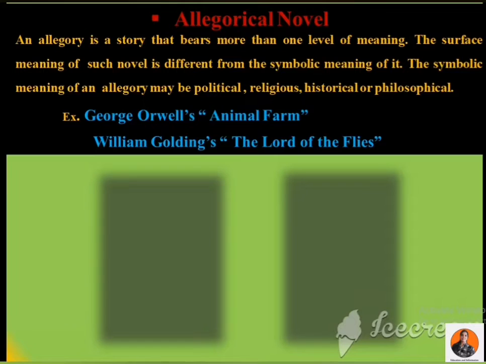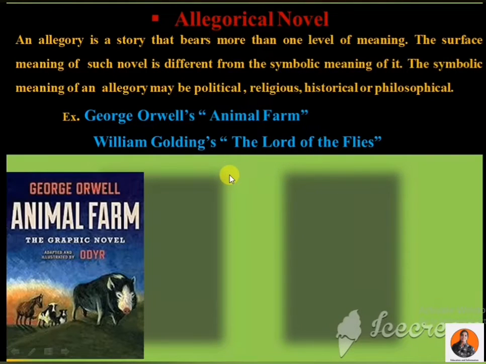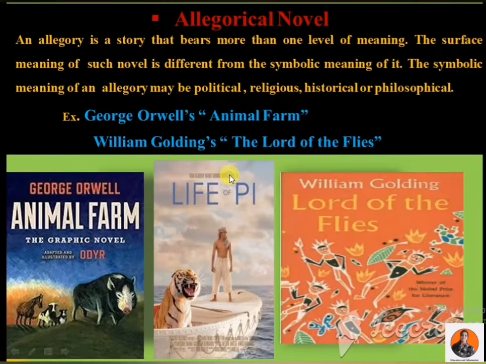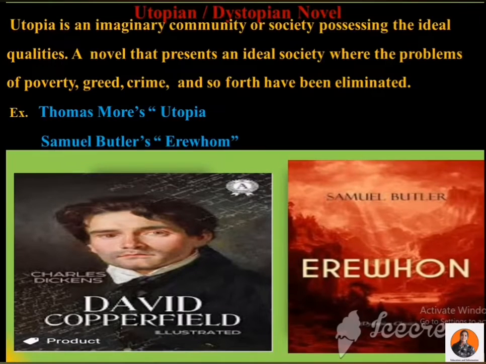The symbolic meaning of an allegory may be political, religious, historical or philosophical. George Orwell's Animal Farm and William Golding's Lord of the Flies. These are allegorical novels, which have one surface meaning and one symbolic meaning.